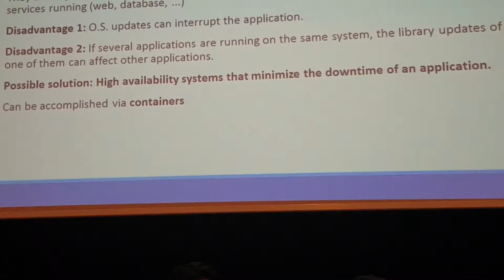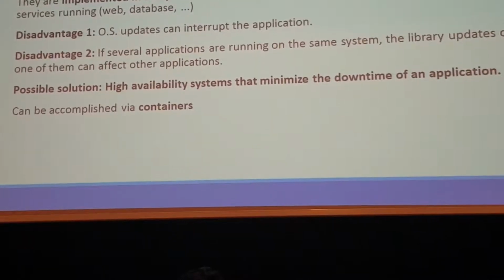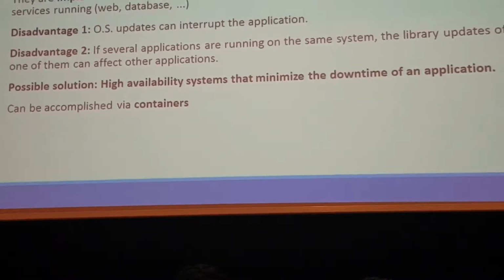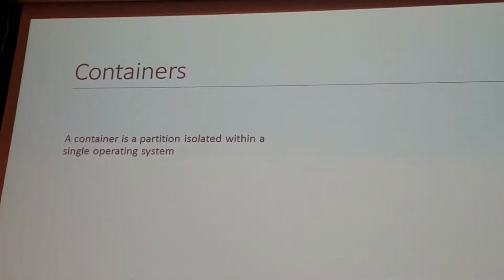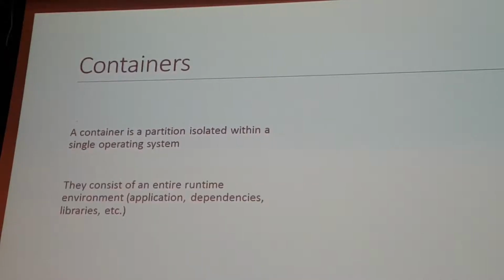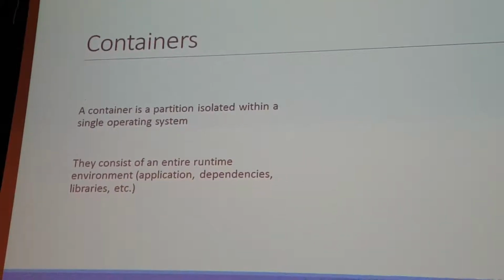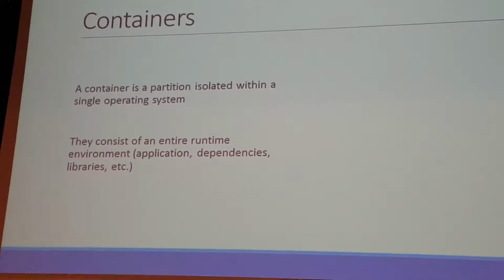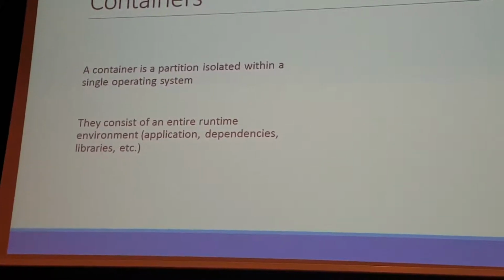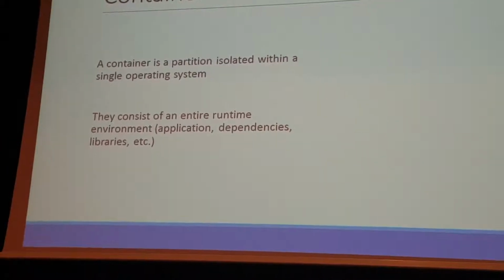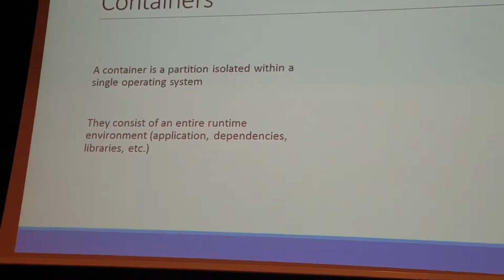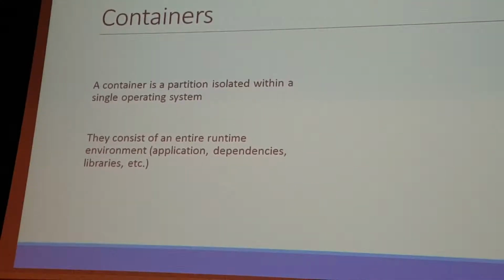This can be accomplished via containers, and that is the whole basis for OpenShift. So a container is a partition isolated within a single operating system. So what this means is that it's its own runtime environment, basically, and we can kind of think of containers as their own separate, not necessarily computer, but just a partition of the operating system.